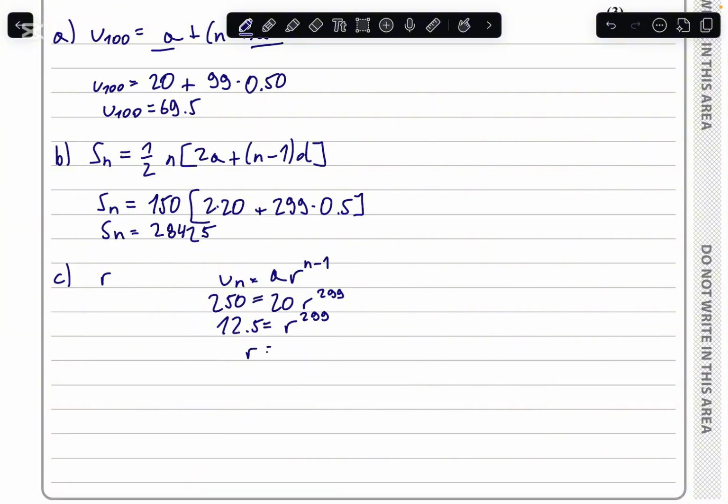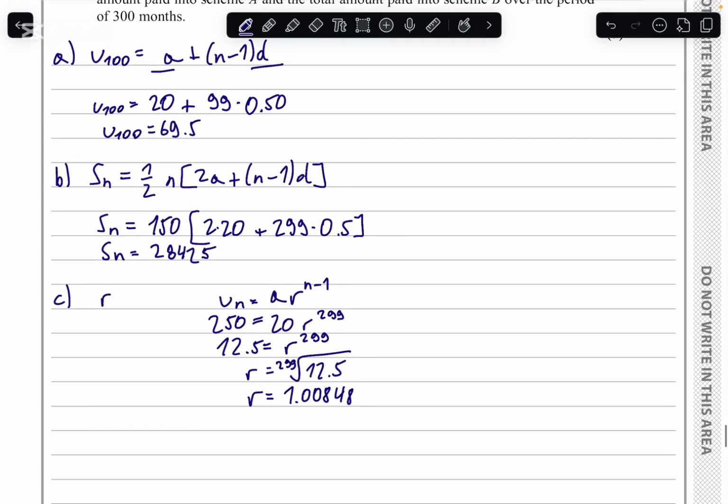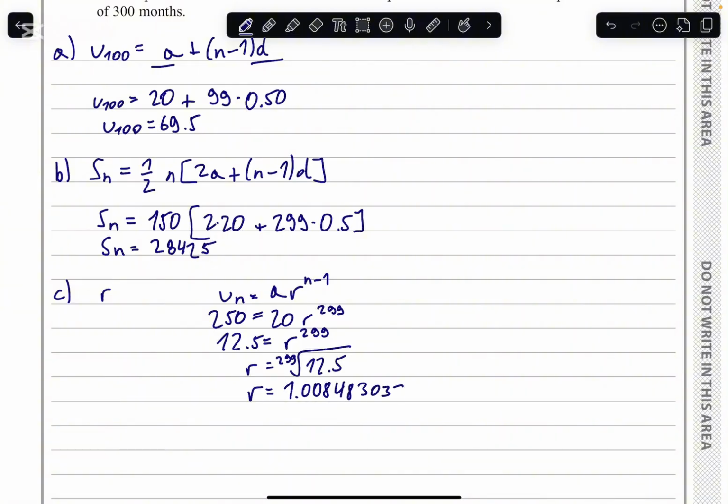We can go ahead and find r by finding this root of 12.5, and r gives us a value of 1.008483032.